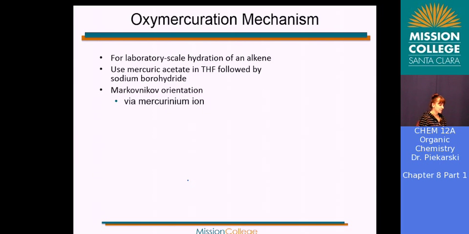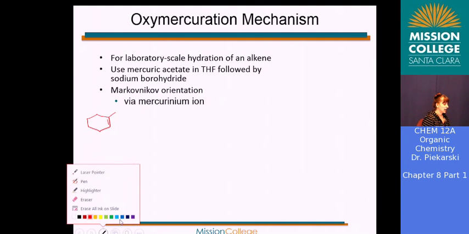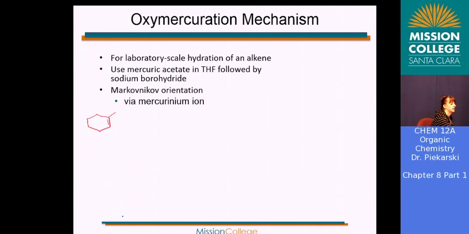Okay, so I'm going to go ahead and do the mechanism and have you help me derive it. Try to predict it before we finish it. So we have the double bond, and we also have something called mercury acetate. It looks something like this. We're going to abbreviate it like that.